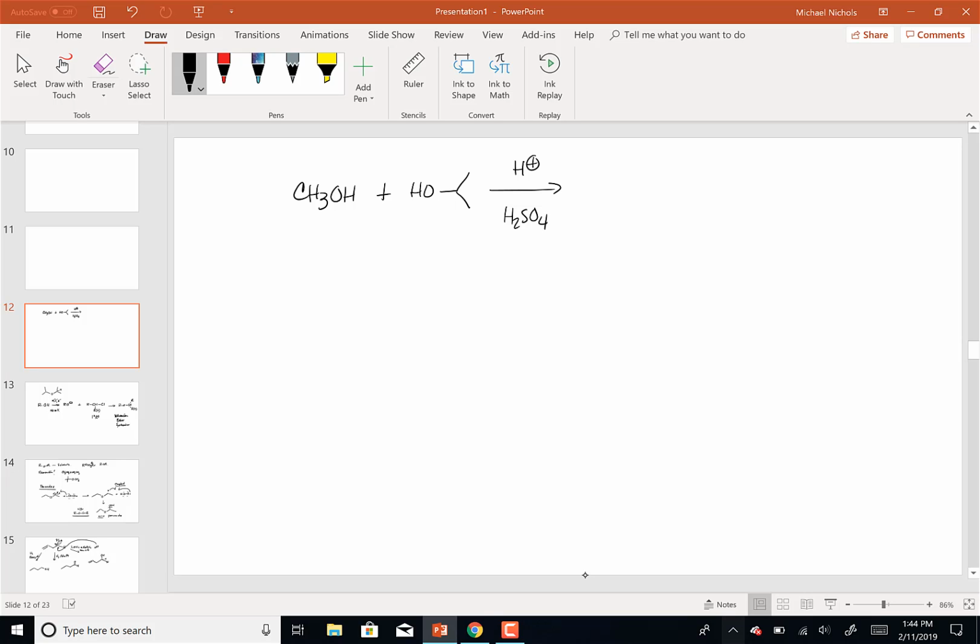And I'm going to make an ether, methyl isopropyl ether. What's the first step in the mechanism? Protonate the oxygen. Which one?